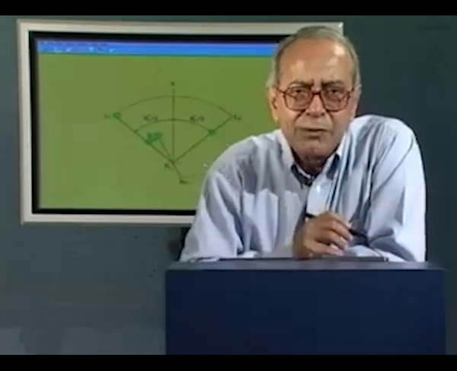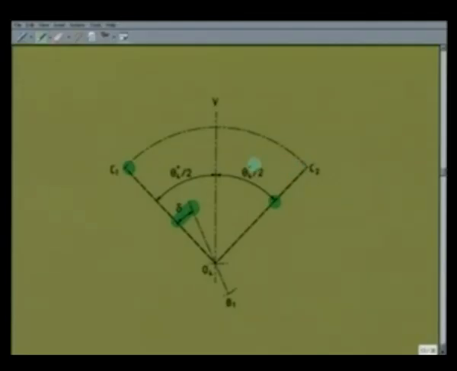Now the third part of the problem, we can have some more specifications. For example, we define the width of this wiping field, that is this horizontal distance C1, C2.